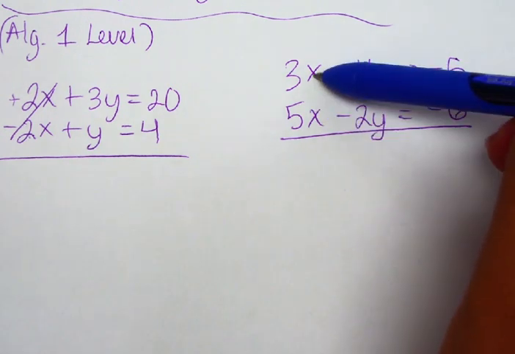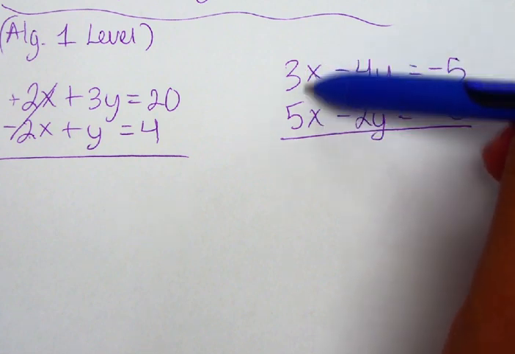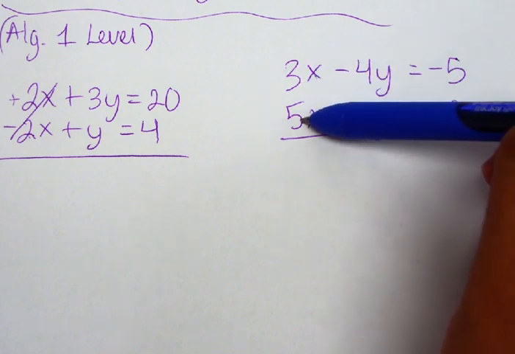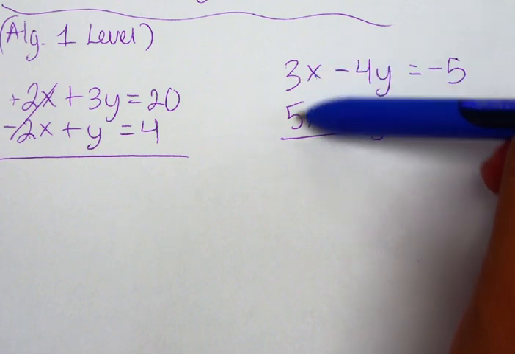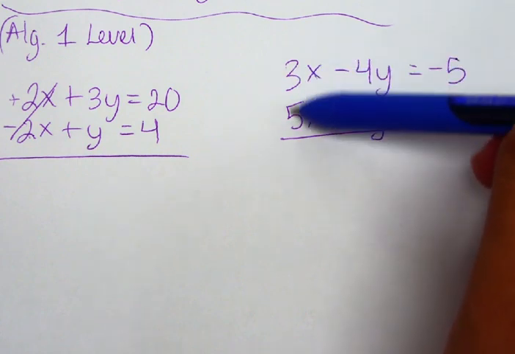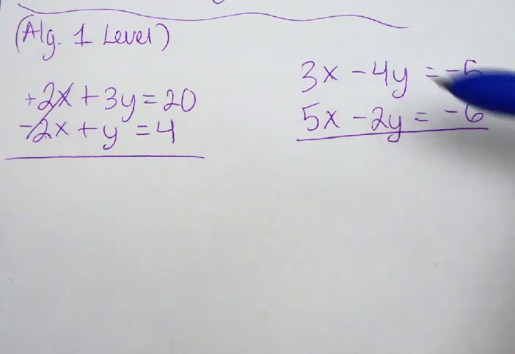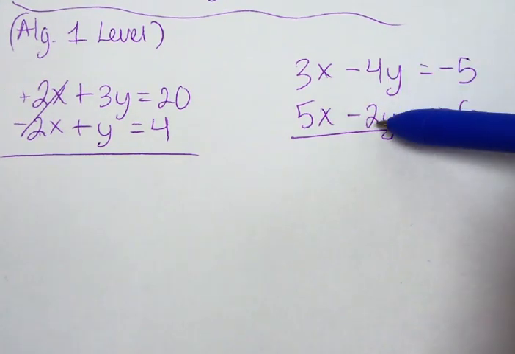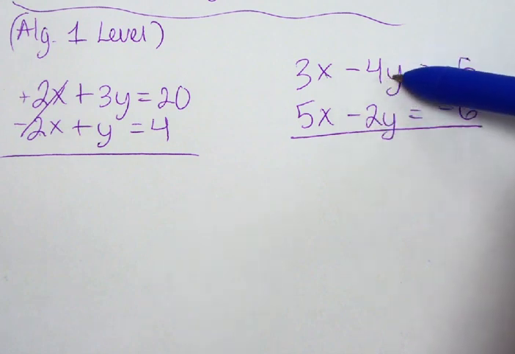So we talked about how these x's can become a number that they both can cancel. For example, 3 and 5 can become a 15, but one of them has to be a positive 15 and a negative 15. So we will have to multiply both of these equations to be able to cancel them. Over here in the y's, we talked about how with 4 and 2, the 2 can become a 4, and the 4 can just stay.